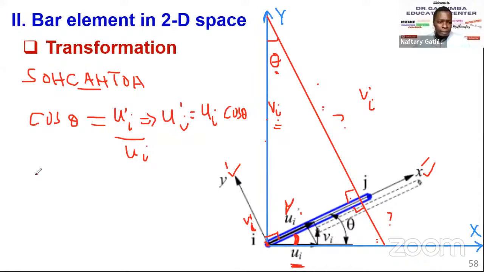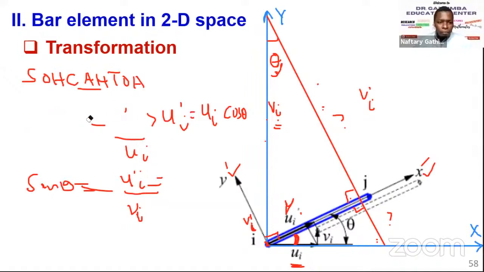So again, we can say sine of this theta here, sine theta is equal to opposite, which is u prime i over vi. Let me show you something we can do here. Because we already have calculated this, now I can move it here.